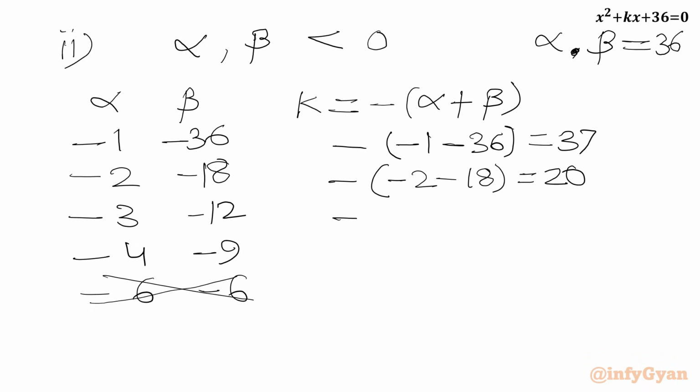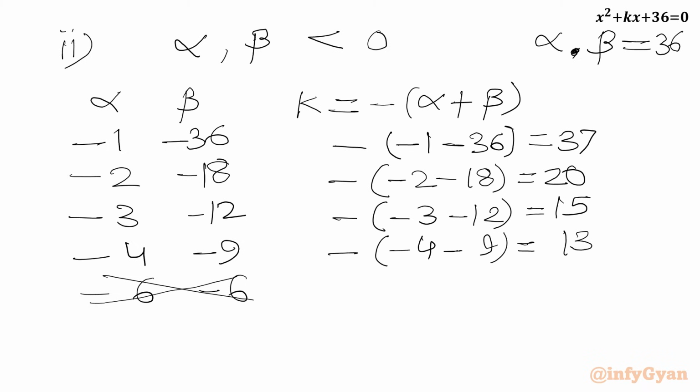Third k value will be minus of minus 3 minus 12, value will be plus 15. And then minus of minus 4 minus 9, value will be plus 13. And our condition on k was k should be greater than 12. All four values are greater than 12, so we accept all four.